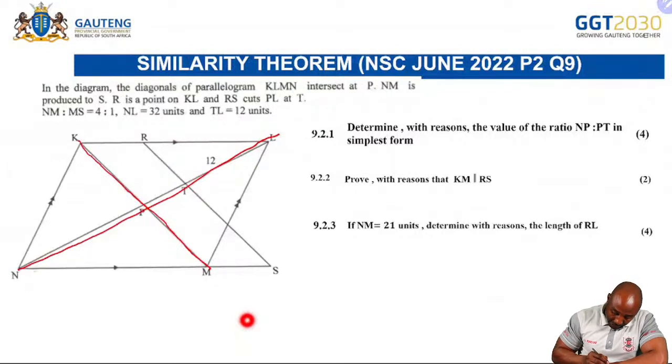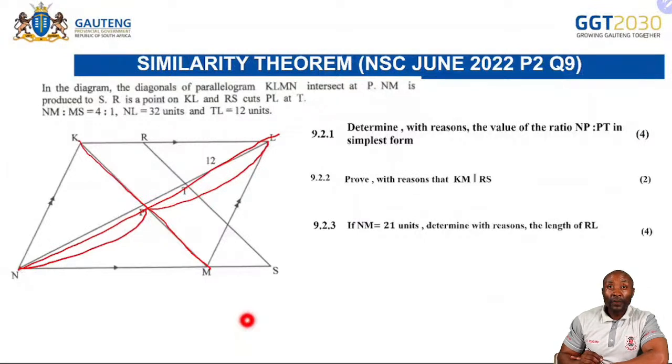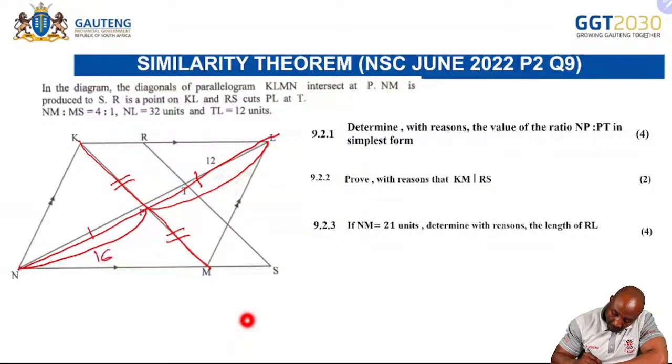So we know that our NP should be equal to our PL, because the diagonals of a parallelogram bisect each other. So this is equal to that. This is also equal to that. So we need to know the properties of our quadrilaterals. So it means our NP is going to be 16, which means our PL is also going to be 16 units.